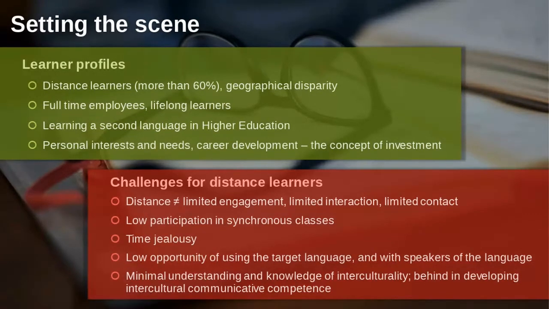We do have some internal students, but most of them are distance. Some of them are in New Zealand, and others are from around the world, but they are all Kiwis. Most of them are full-time employees or lifelong learners. They are learning the language for personal interest and needs, and some probably for career development.